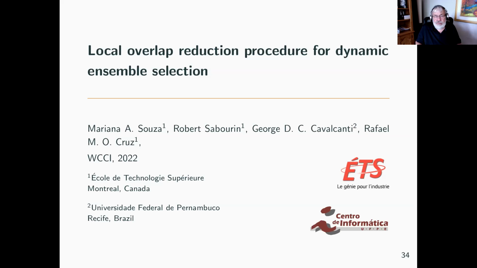Okay. I have a question for Mariana. In terms of the evaluation of the hardness of each sample, do you think that the IRT method can help to estimate the hardness value better?